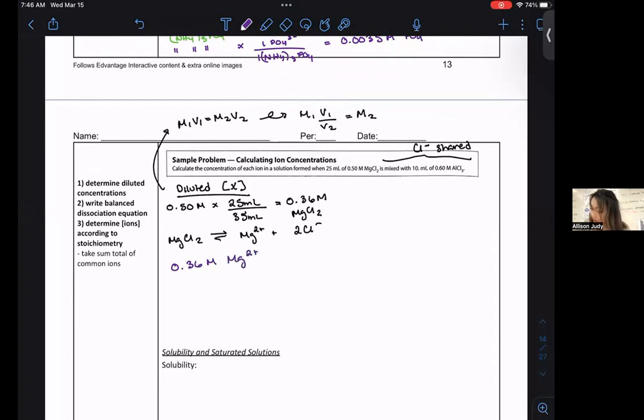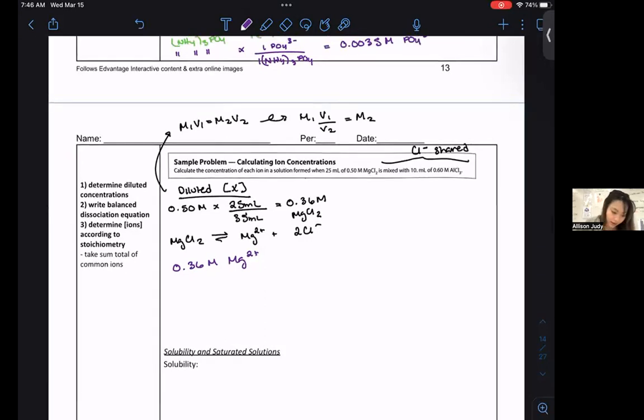And I'm going to have twice that of the original molarity for chlorine ions, because I need 2 chlorine ions for every 1 mole of compound. So I would have a concentration of 0.72 molarity Cl-.